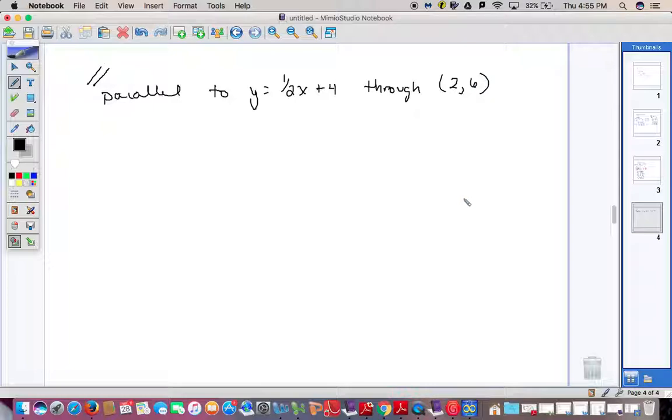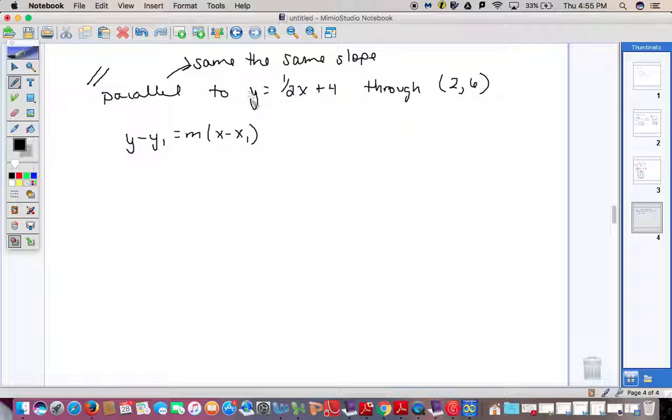Okay, so where do you start? Well, remember that equation, y minus y1 equals m times x minus x1. I'm asking you to find a line that's parallel to this given line. So what do I know about parallel lines? Well, hopefully I know that they have the same slope.